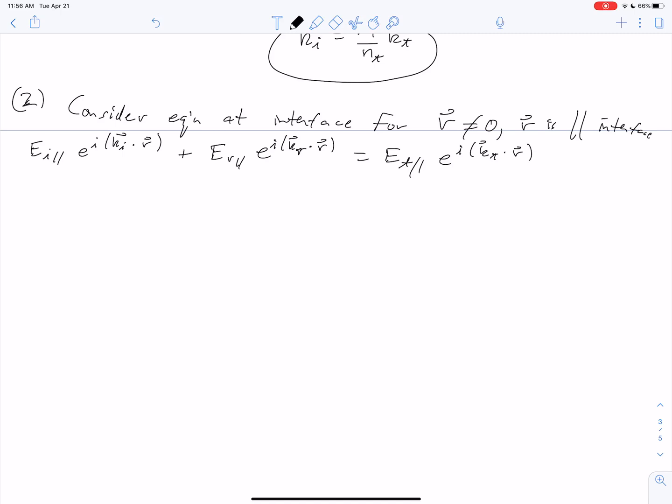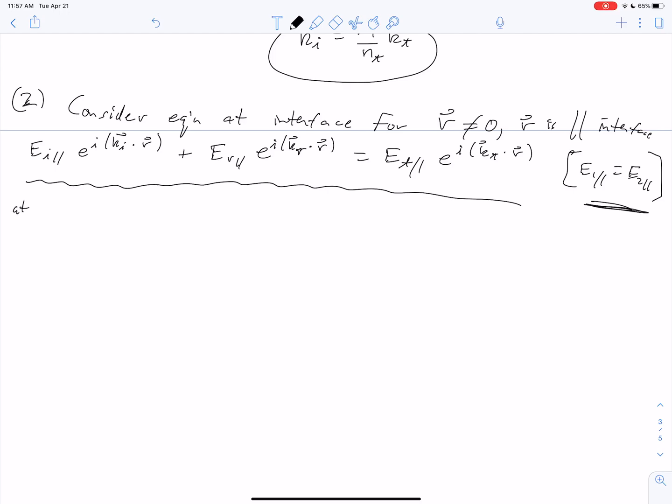Remember, this all came from the very simple relationship we derived, that E1 parallel equals E2 parallel. But it leads to this funky relationship between the three different waves: the incident, reflected, and transmitted wave. So now let's consider this equation at the interface, z equals 0.